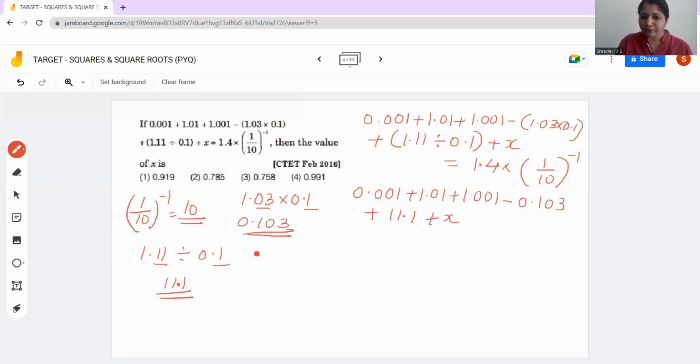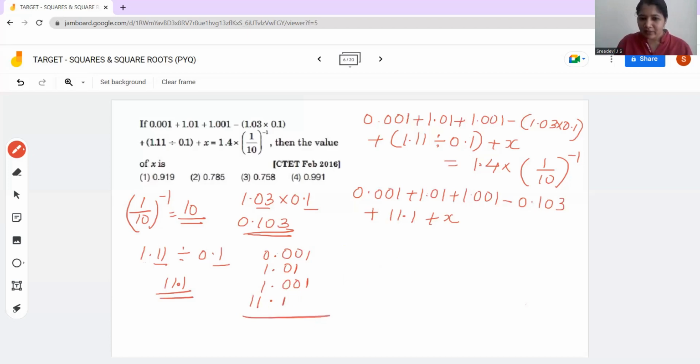Okay, so now we'll solve it. 0.001, 1.01, 1.001, 11.1. These are the positive decimals, so we can add them here.